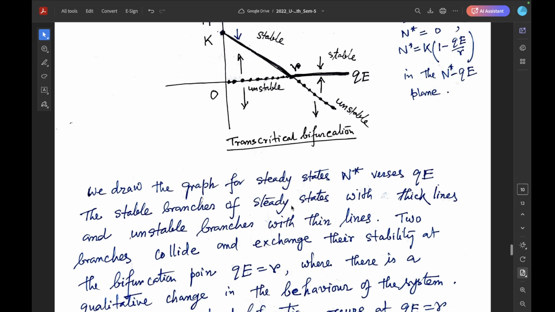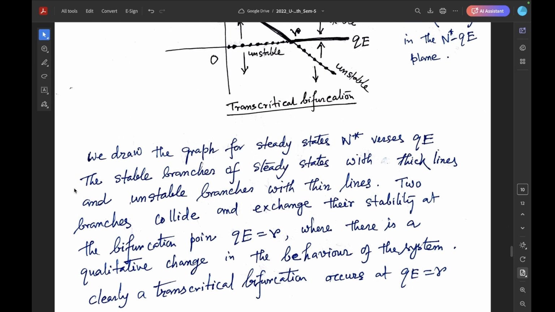So we draw this graph for steady states N star versus QE. The stable branches of steady states are drawn with thick lines, and unstable branches with dotted lines, not thin lines, the dotted lines.